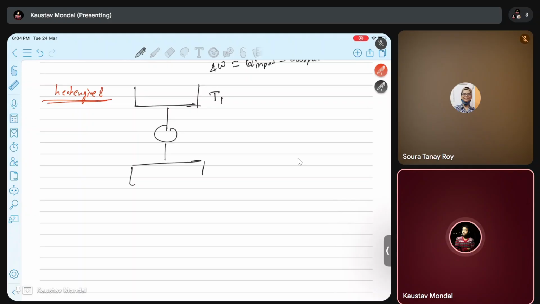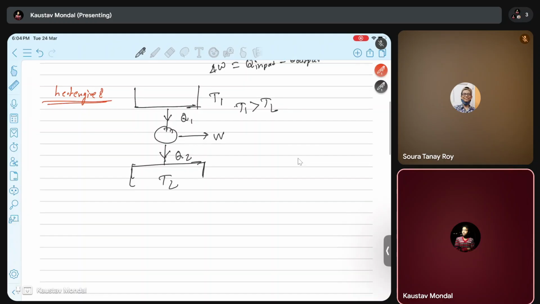It is doing the work, and this is T2. So T1 is higher than T2, and Q1, Q2. The engine pulls some energy from the hot reservoir, and then it's dumped into the cold reservoir, and during that process it does some work, denoted by W. Okay. This is the basic structure of any heat engine, the general structure.